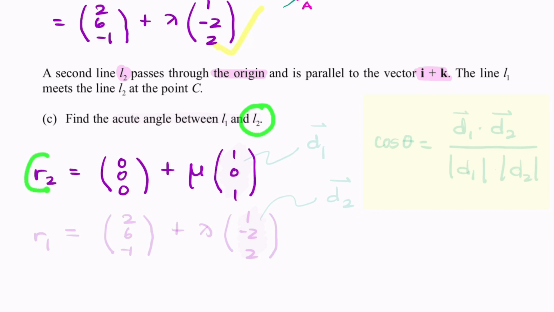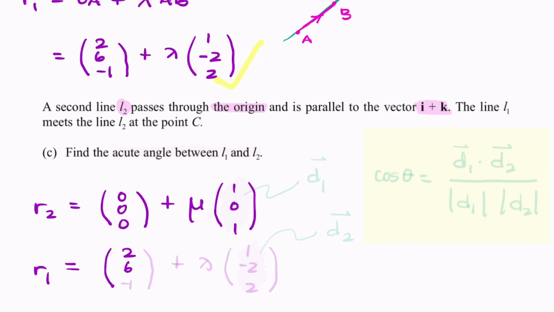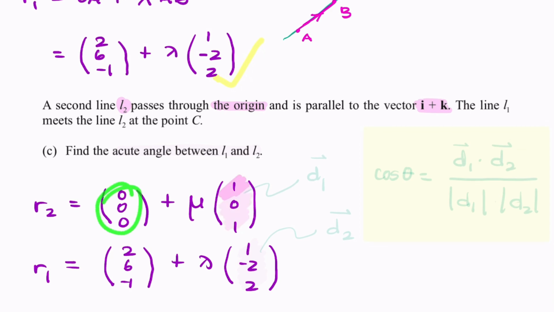So that's your equation for R2. And as a reminder, R1 that we just found was 2, 6, negative 1 plus lambda into 1, minus 2, 2. So these are the starting points, but these are the directions.